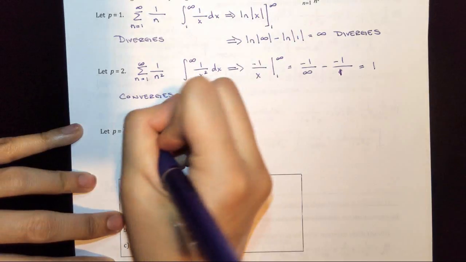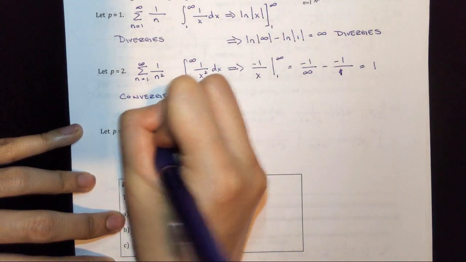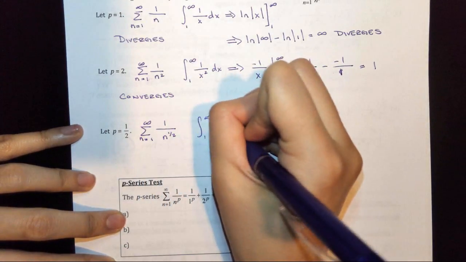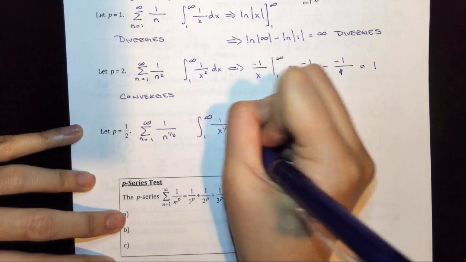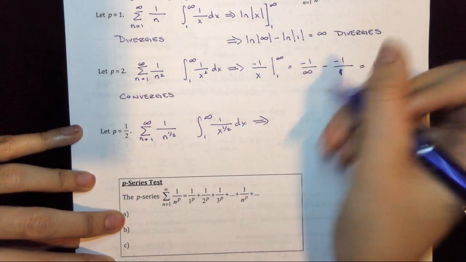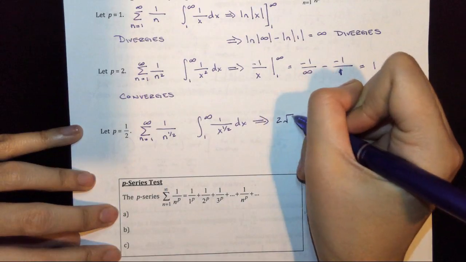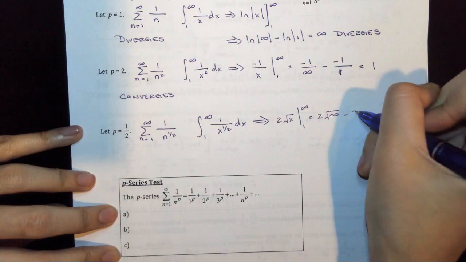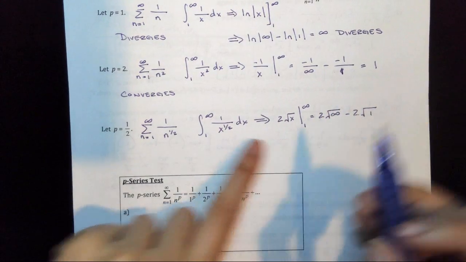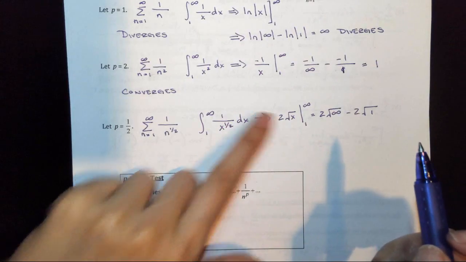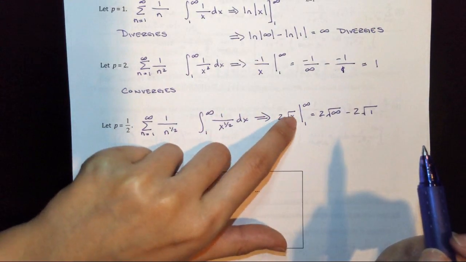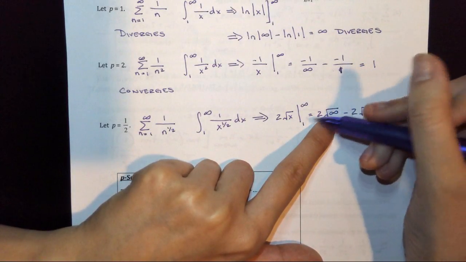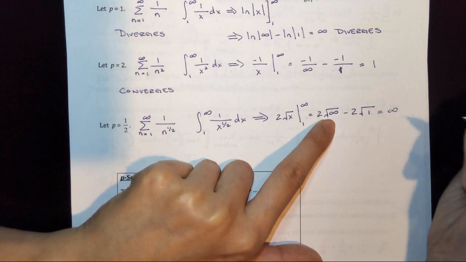So p equals 1/2. Let's see what happens. Integral from 1 to infinity of 1 over x to the 1/2 dx. Well, that integral is going to be 2 root x evaluated from 1 to infinity. Now notice when we integrated x to the 1/2, my x went into the numerator, and when my x went into the numerator, now I'm taking infinity of something that's in the numerator, so this is going to go to infinity.